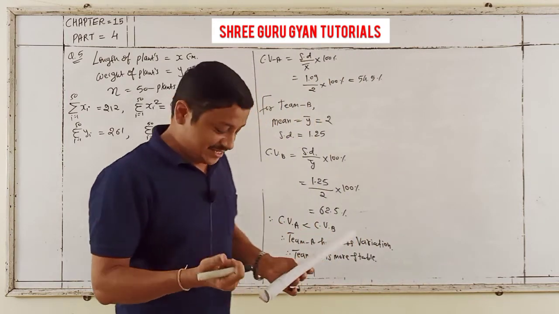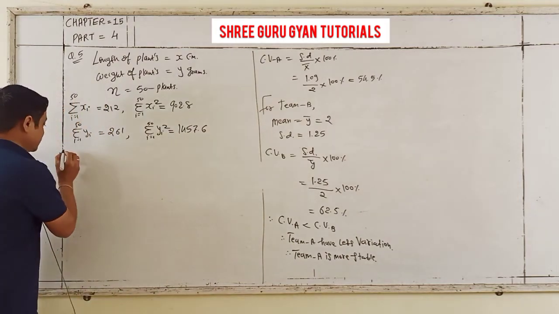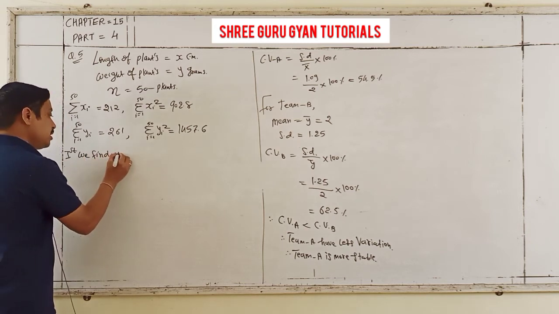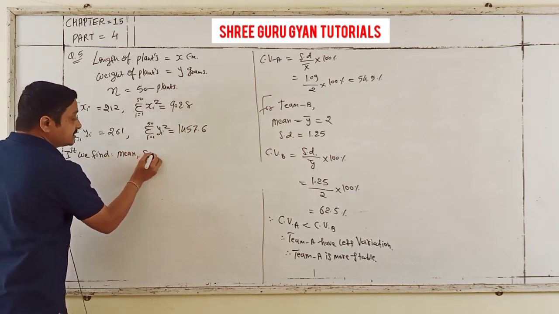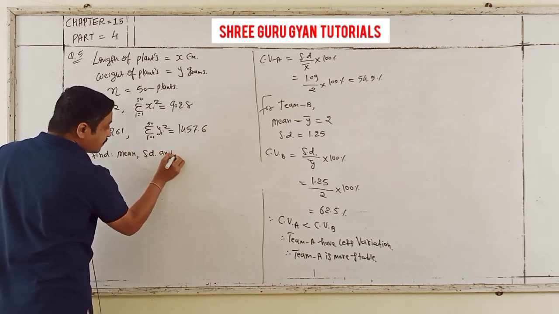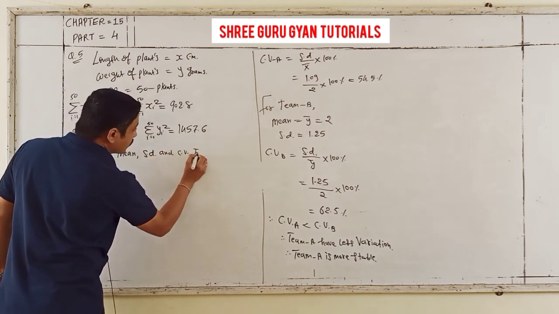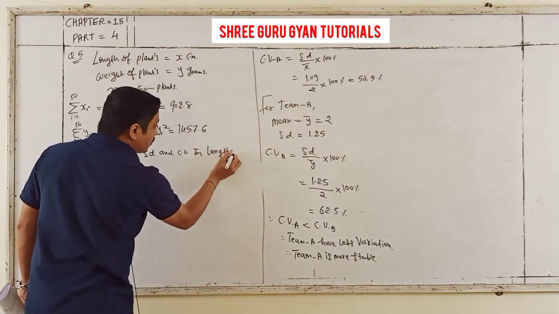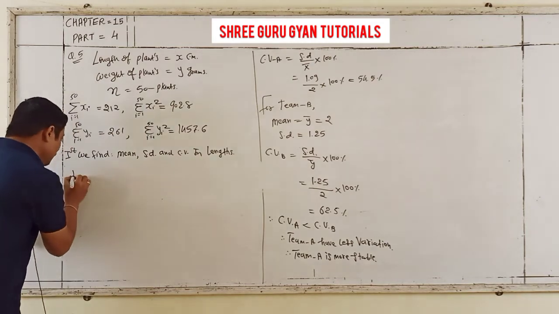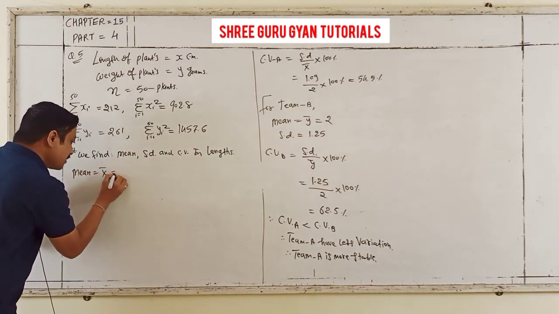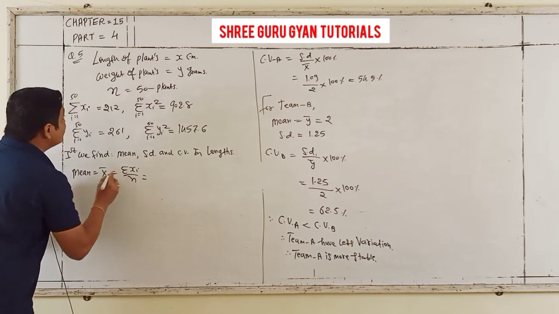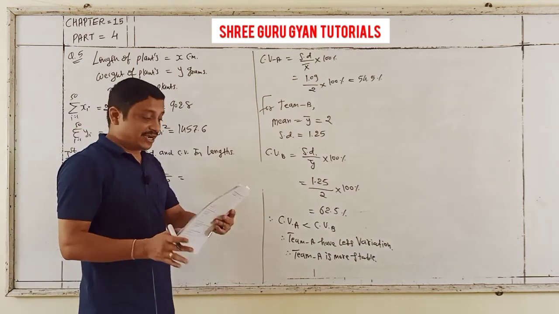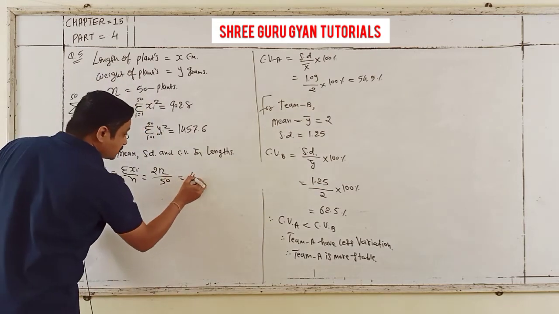It means up to part C we decide. So first I will start. First we find the mean, second the SD, and then the CV for length. Mean formula, students, you know very well: X bar is summation xi upon n, which is 212 by 50, and using the calculator that is 4.24.